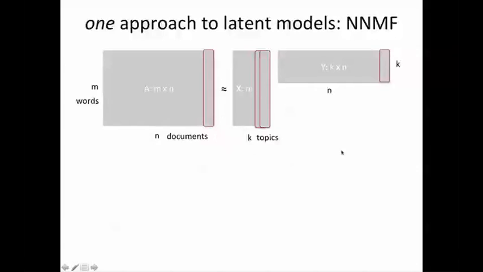Exactly the same formulation works for people buying books. In this case, an entry of A is 1 if this particular person, identified by a certain row of A, buys a particular book, and a book is identified by the people that bought it.